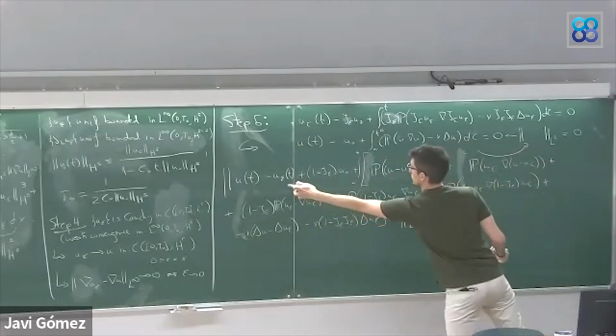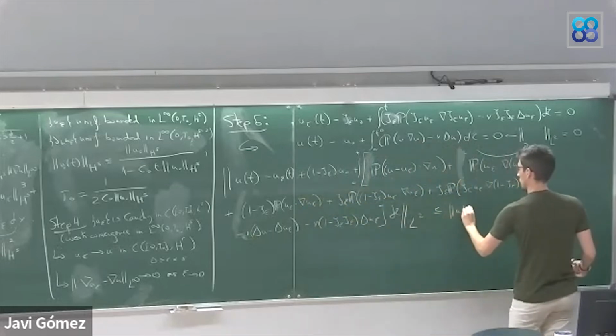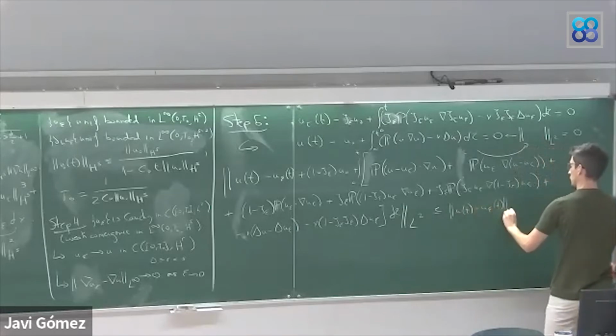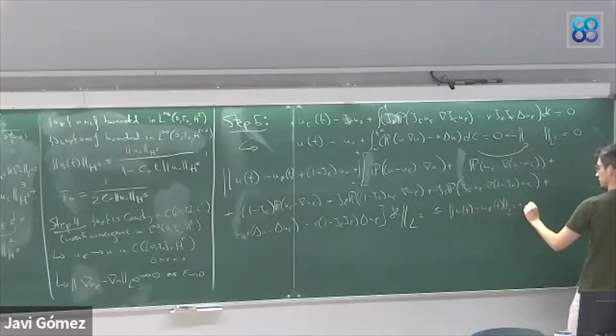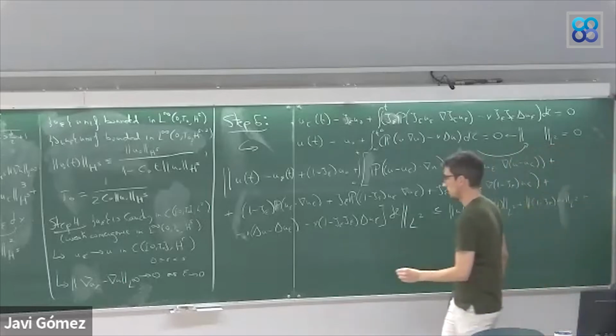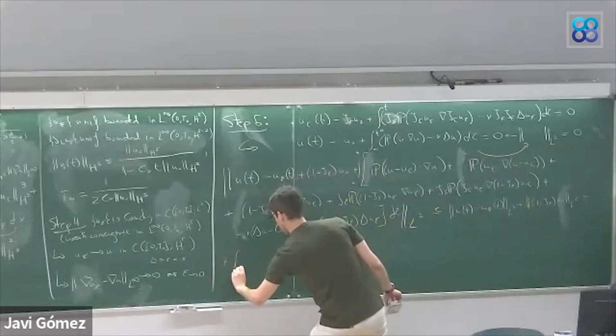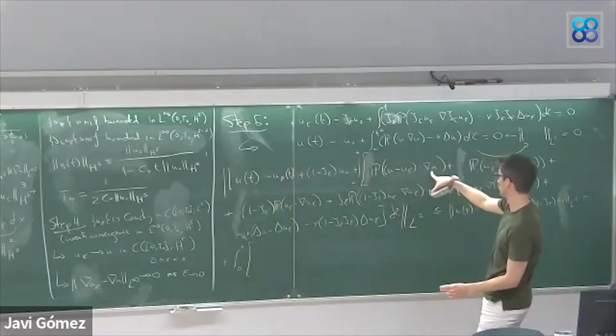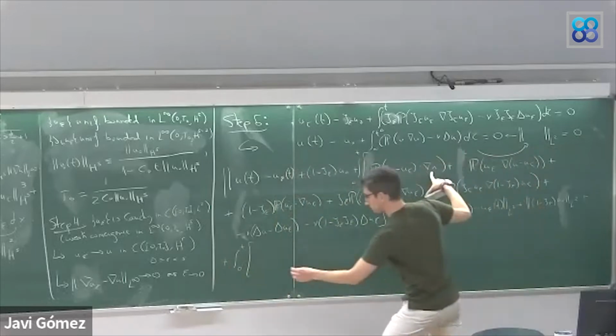For example, the first one is just this one. Then the one by the initial data. Okay, so for this one, we can put this in L infinity.